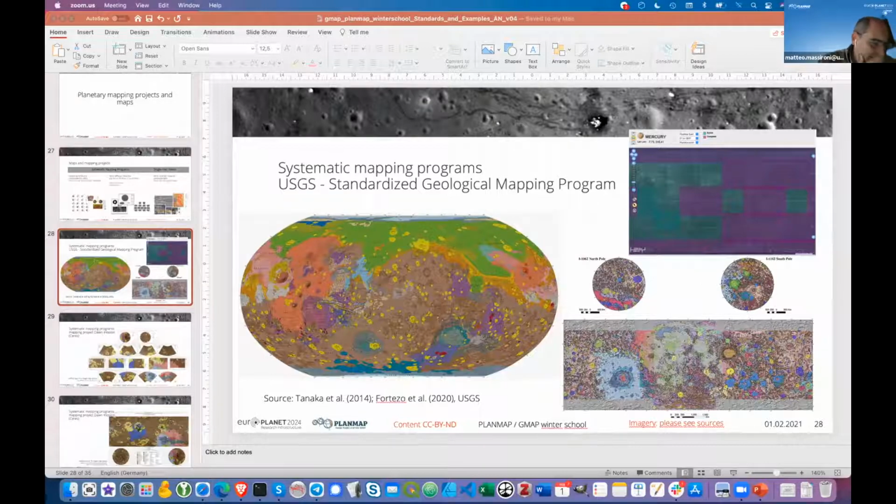There are questions about the integration and combination between DTM and stereo images. So how can this be done? Actually, stereo images are used for creating DTMs.